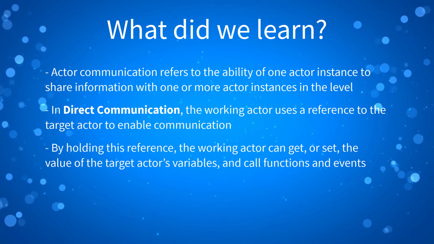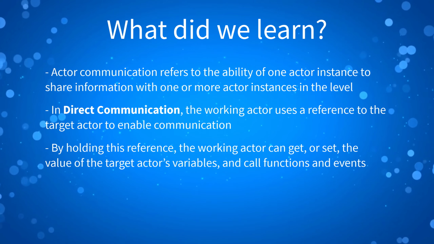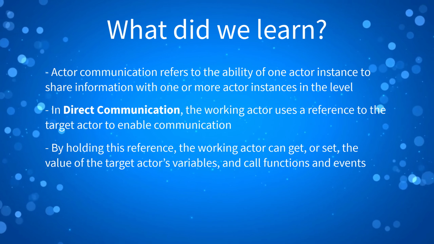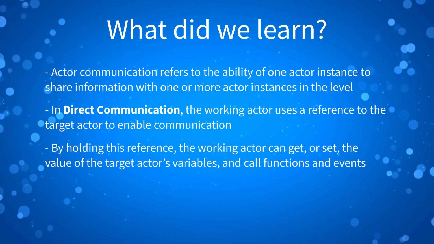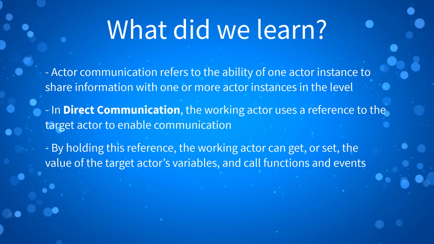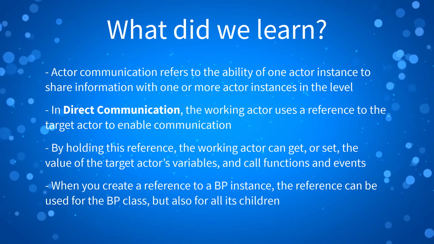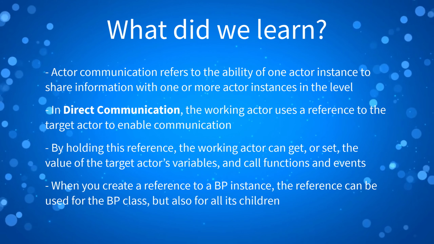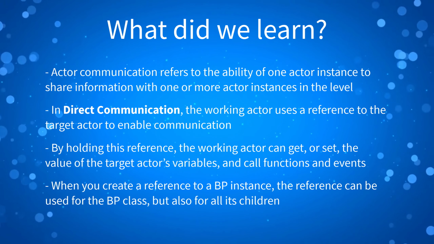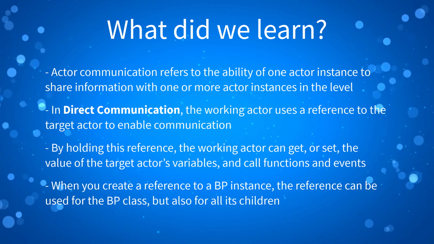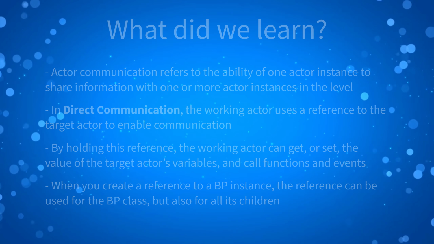And by holding that reference, the working actor can get or set the value of the target actor's variables, as well as call functions and events. And when you create a reference to a blueprint instance, that reference can be used for the blueprint class, but also for all its children.